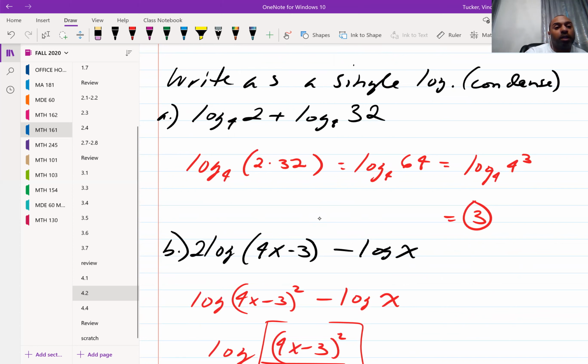First thing I do is take that 2 and take it back to being an exponent. So it's log of 4x minus 3 squared minus log of x.